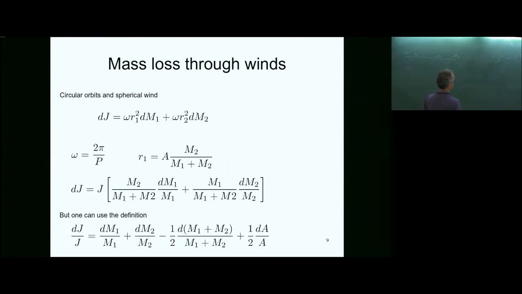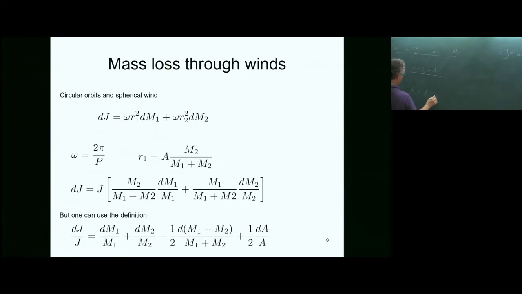Now, A1 plus A2 is equal to A, and the radii of the orbits around the center of mass are as follows.